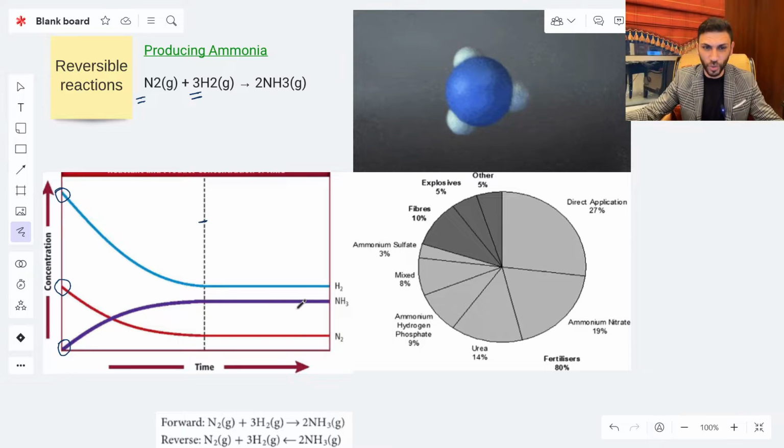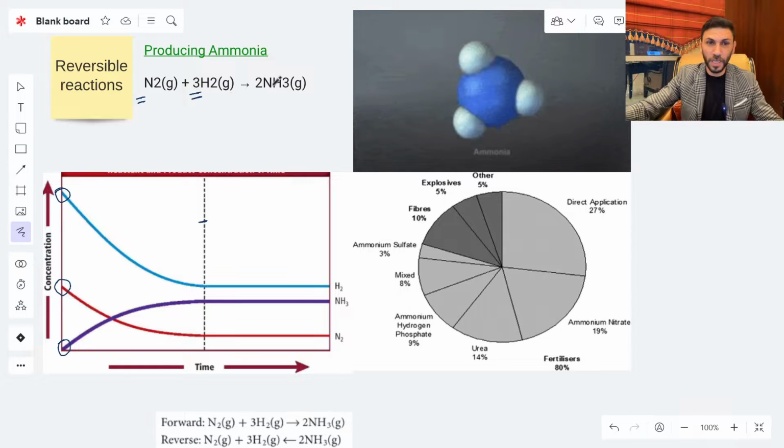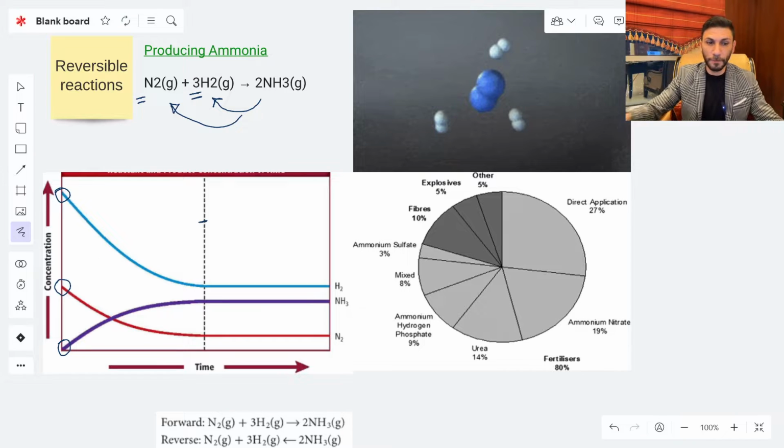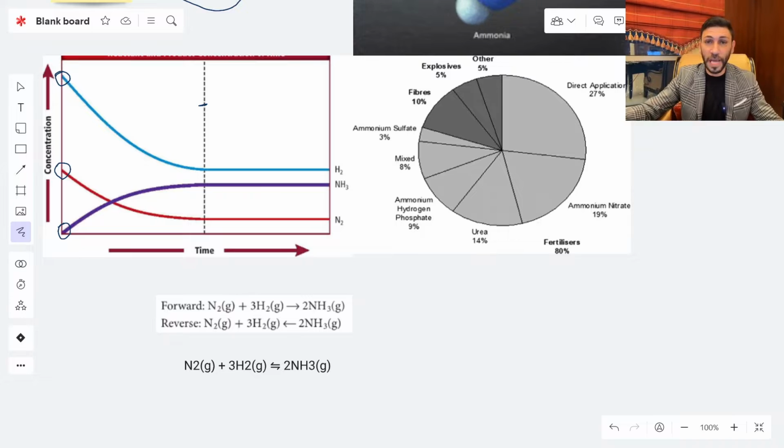The concentrations are constant. So this reaction, basically, we cannot write it with one arrow, because after producing the NH3, the ammonia gas, it will decompose to give the hydrogen gas and also the nitrogen gas. So there are 2 reactions that are happening at the same time. The forward reaction, which is the nitrogen plus the hydrogen, gives you the ammonia.